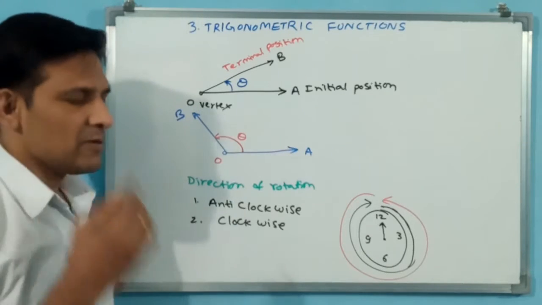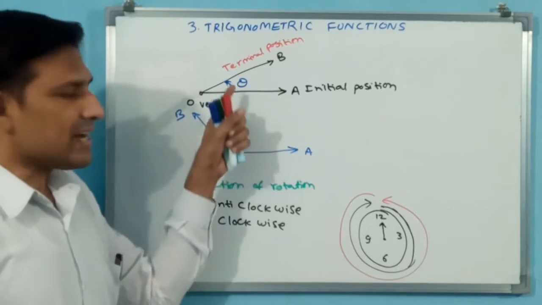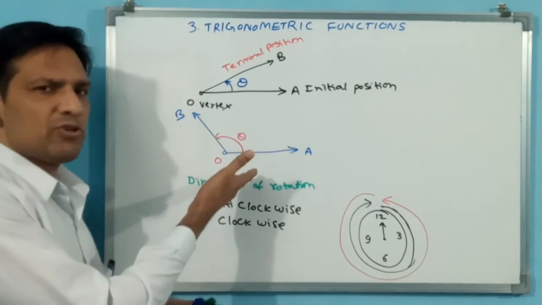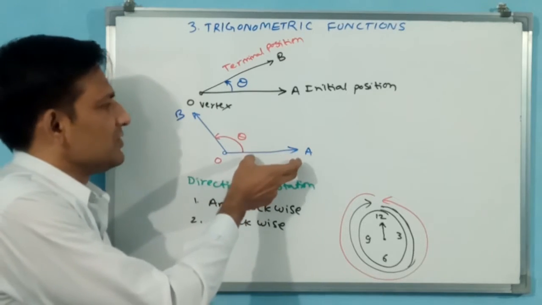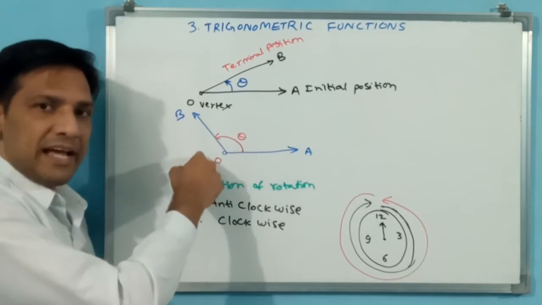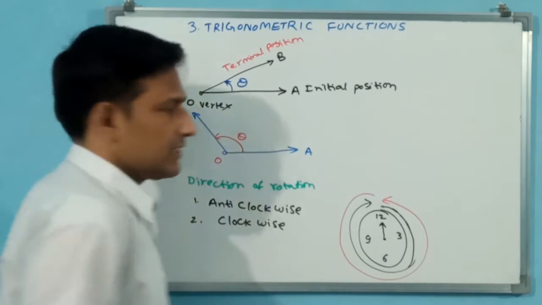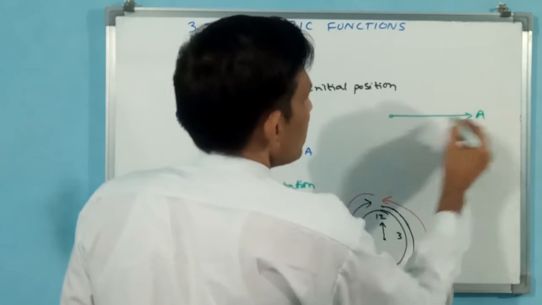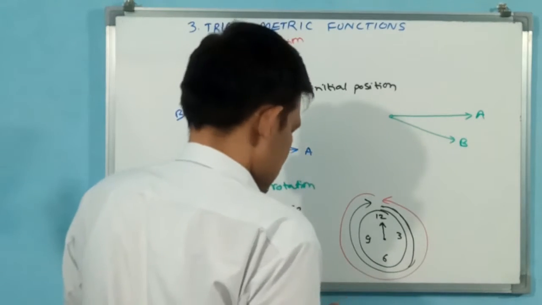Okay. Now, for us, for trigonometry, if we rotate the angle anti-clockwise, see here rotation means rotation of angle only. See, this is the same. We are rotating, but rotation of angle in clockwise or anti-clockwise. We can rotate anti-clockwise also. You see here, this is OA, say this is OB.